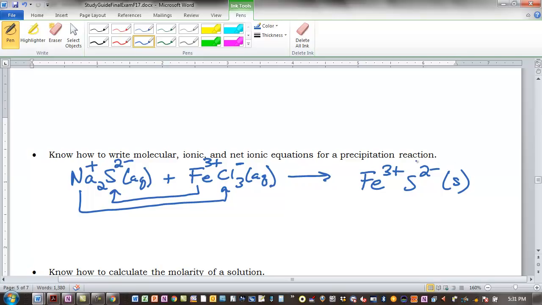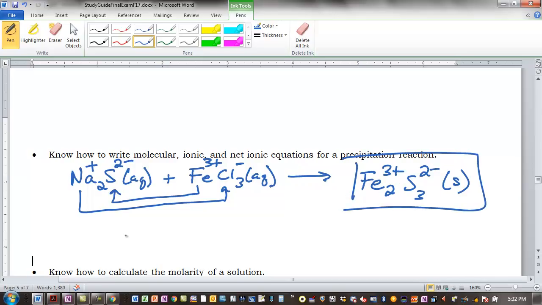And that would be what? Cross your numbers here: Fe2S3. So we know that's our precipitate, so we must have 2 iron 3+ ions combining to form that, and 3 sulfide ions.